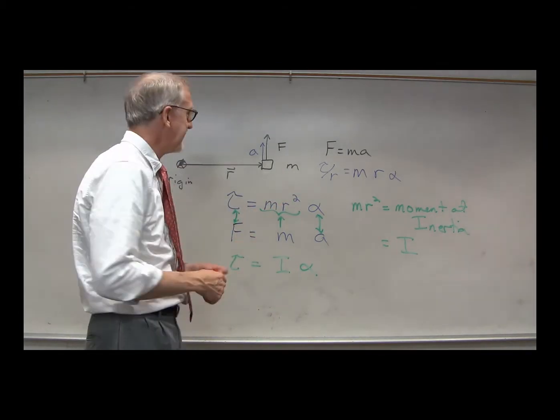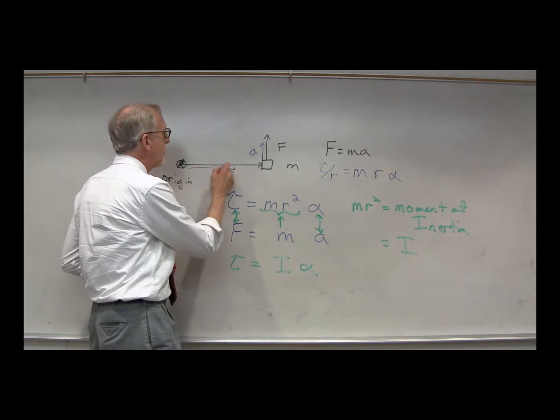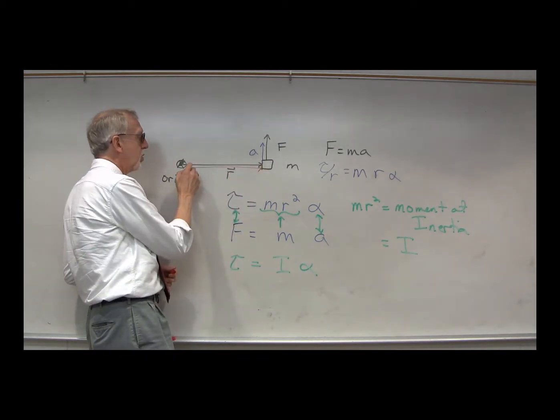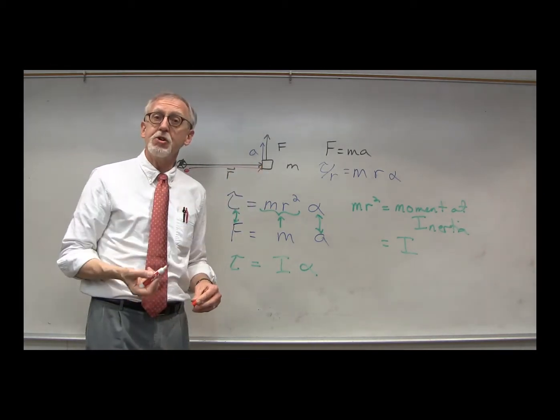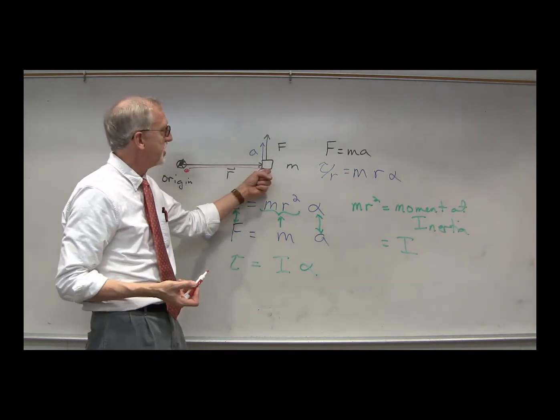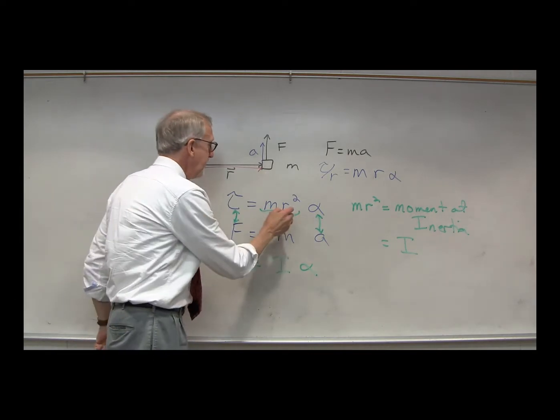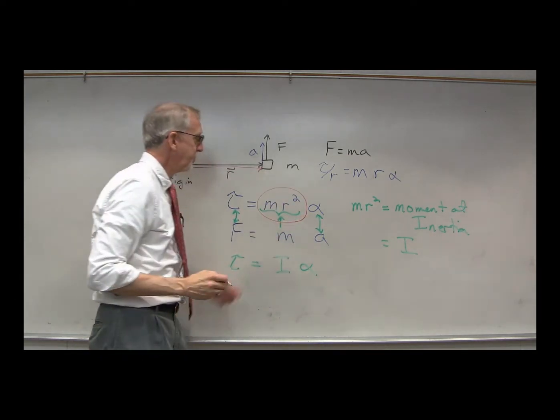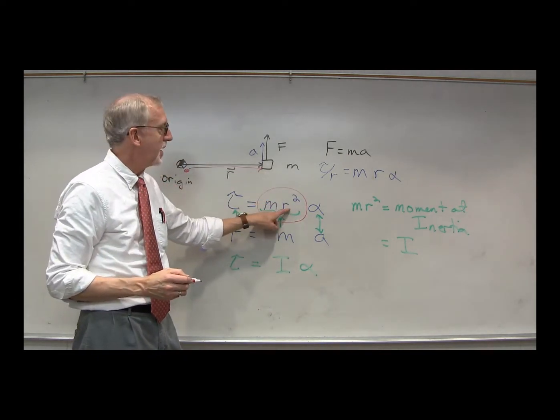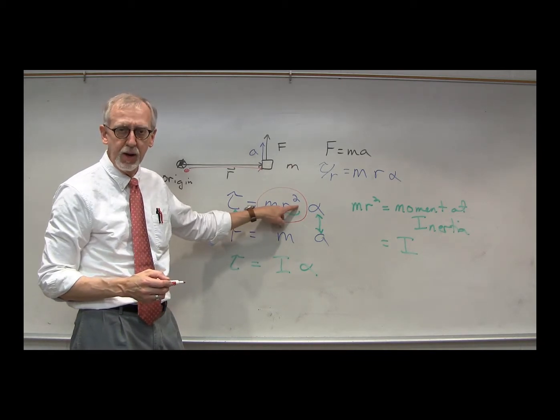But the basic idea is that the farther a mass is from the origin, the larger its moment of inertia. And if we have just a single point mass, the moment of inertia for that would be mr squared. The mass of the object times the distance from the origin squared.